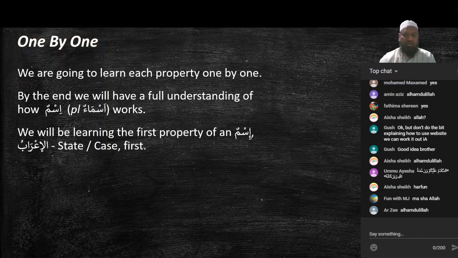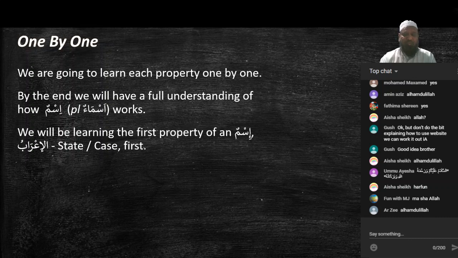Number one, halatul rafa. Number two, halatul nasb. Number three, halatul jar. Any ism that is in halatul rafa, it is called marfu'un. Any ism that is in halatul nasb, it is called mansubun. Any ism that is in halatul jar, it is called majrurun.